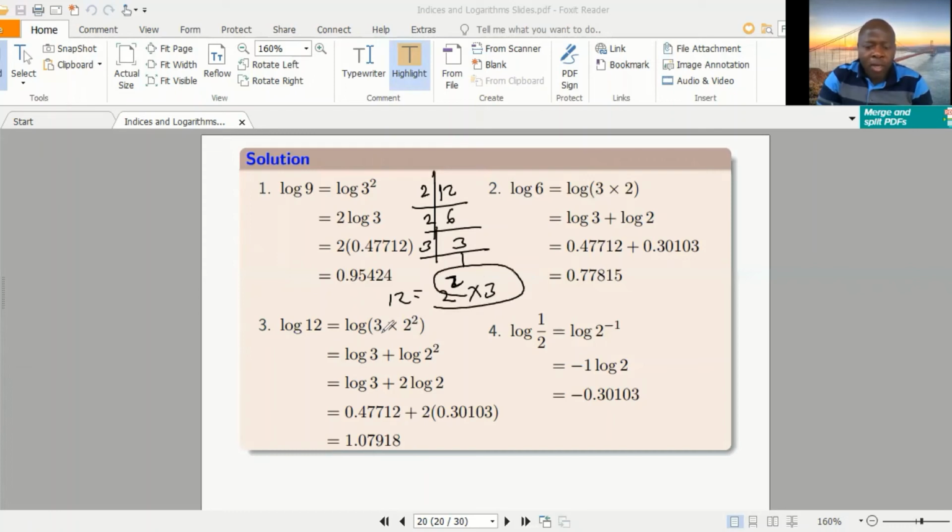And by law of logarithm, this is addition: log of 3 plus log of 2 raised to 2. But this 2 can come here by law of logarithm. Now, we already know what this one is, and we already know what this one is. So we just multiply 2 by this, and then add the result to that to have this.